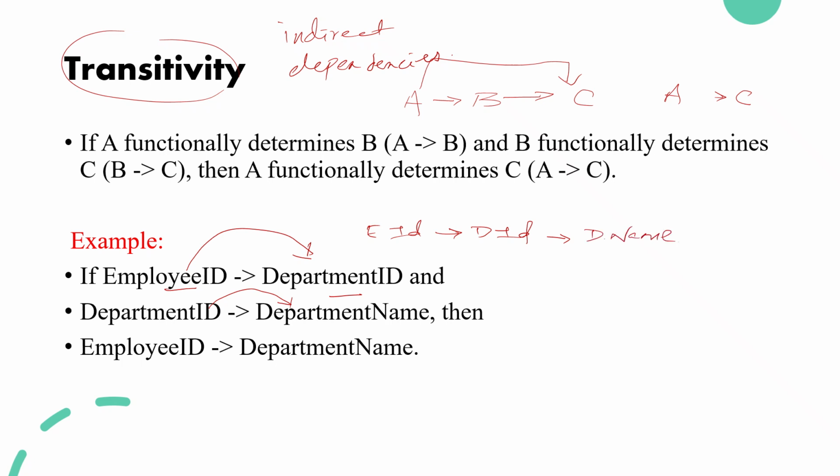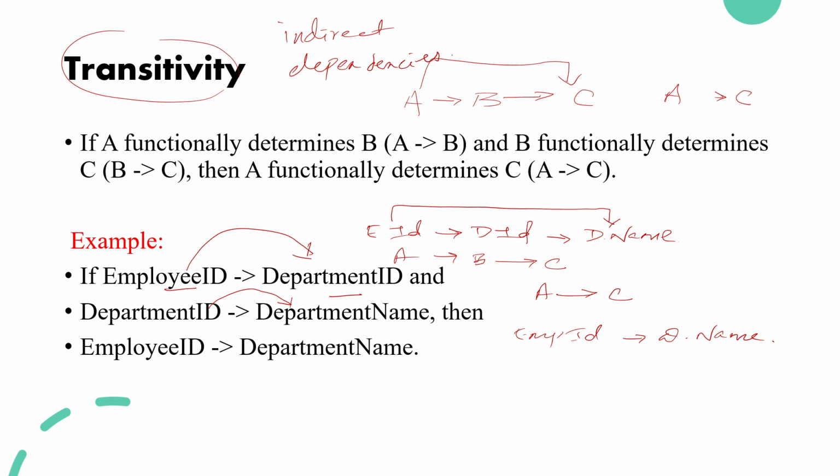So then we can say employee ID can determine department name. So it is an indirect dependency. If A determines B and B determines C, I can simply say A can determine C. So employee ID can determine the department name. So this is the transitive property.